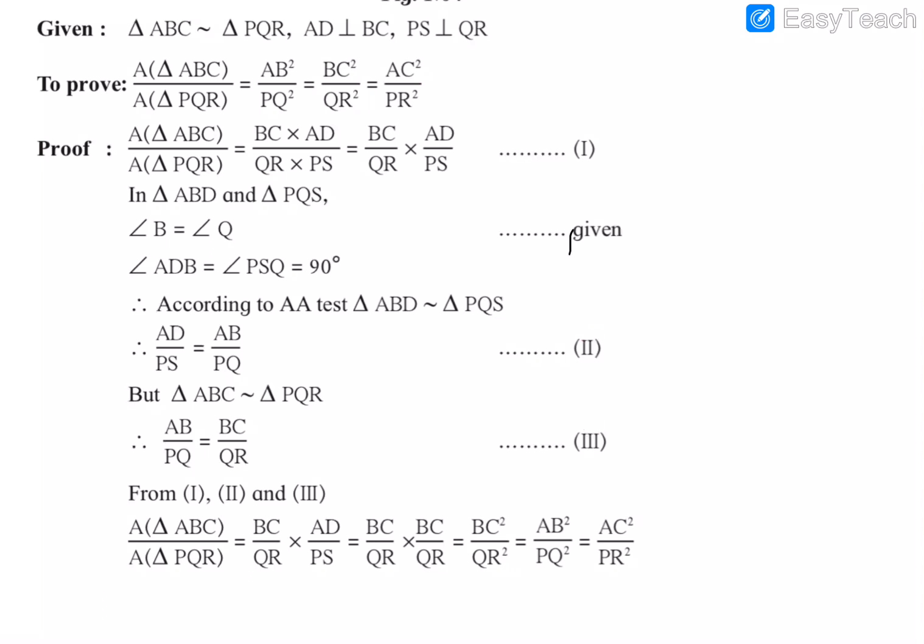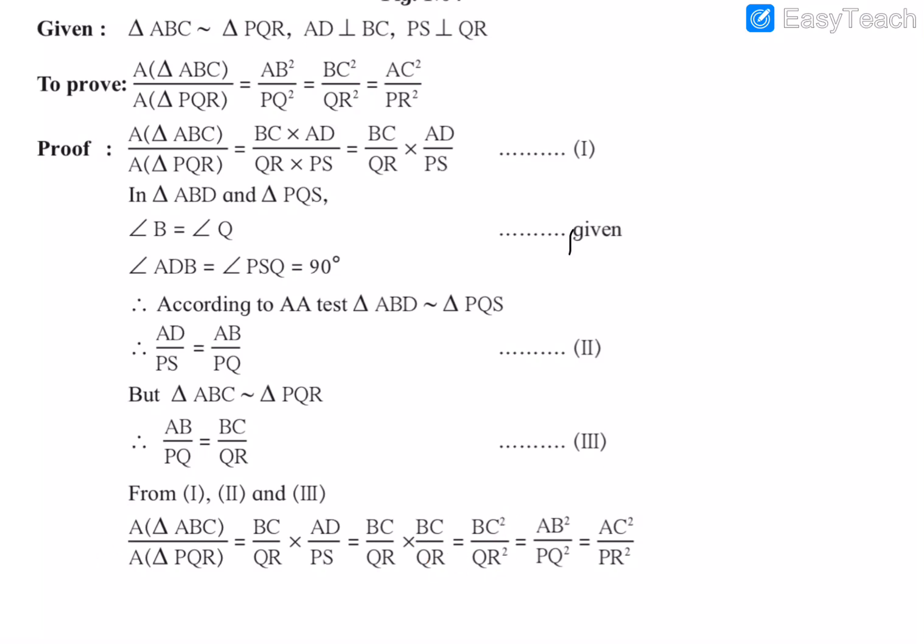So from 2 and 3 we get AD by PS is equal to BC by QR. In the first condition, area of ABC by area of PQR is equal to BC by QR into AD by PS. In the place of AD by PS I write BC by QR, since I get from 2 and 3 that AD by PS is equal to BC by QR. So now it turns into BC by QR into BC by QR, that is BC square by QR square.